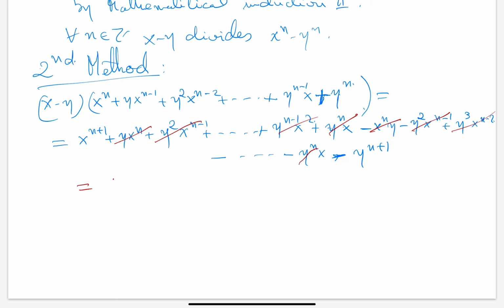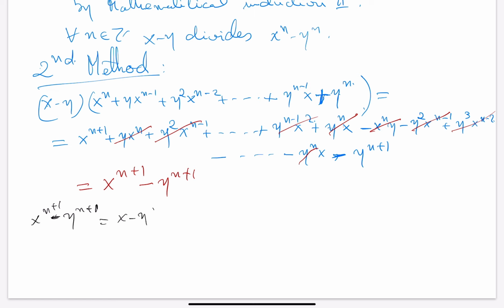So we will have left x to the n plus 1 minus y to the n plus 1. So we can conclude x to the n plus 1 minus y to the n plus 1 equals x minus y times x to the n plus y x to the n minus 1, and so on, plus y to the n minus 1 x plus y to the n.